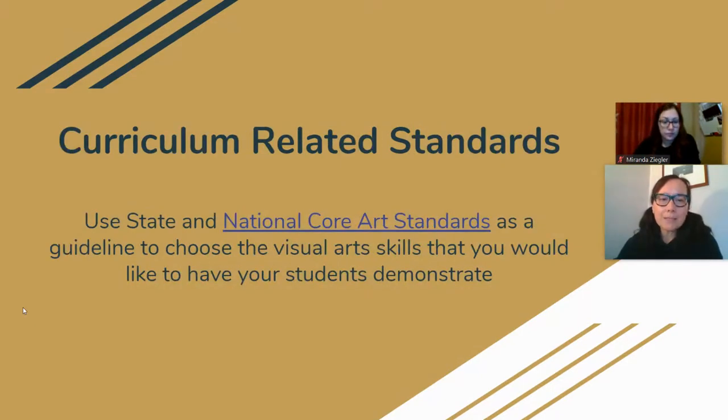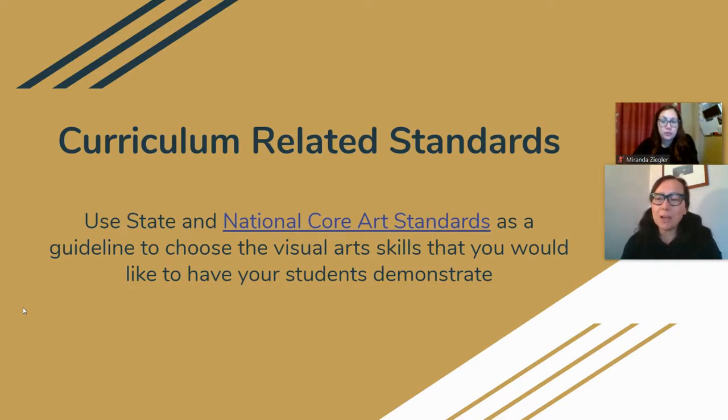And then lastly, we added in just a mention of curriculum standards. So if you do want to incorporate curriculum into this, clearly in all of those challenges, the kids were demonstrating not only their technical skills, but also their creative thinking skills. You can use your own state standards. So New Mexico has adopted the National Core Art Standards in the last few years.